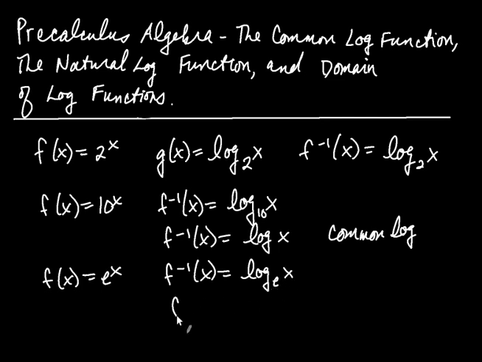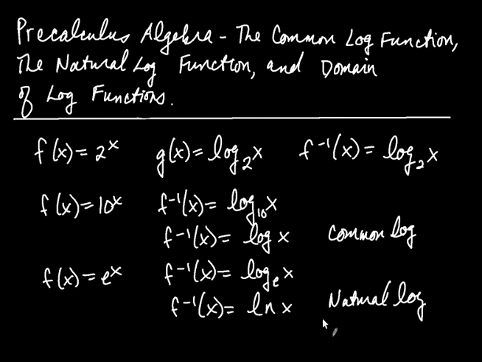Instead, we write this: f inverse is ln of x. Okay, so this is ln of x, and it's called the natural log function. Natural log. So we just write ln instead of log base e. You don't write ln with the base e. The base e is implied by the letters ln.